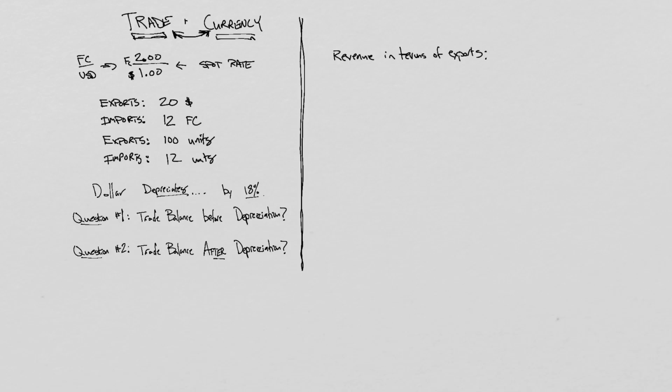So that would be the price of the exports, which in this case for the U.S. is $20, multiplied by how much they actually exported, which is 100 units. So that gives us $2,000. The U.S. at the beginning exported $2,000 worth.